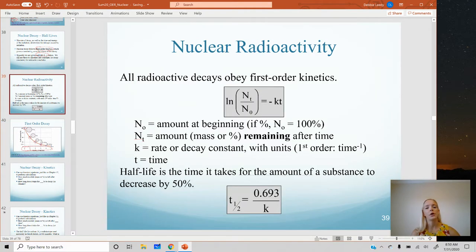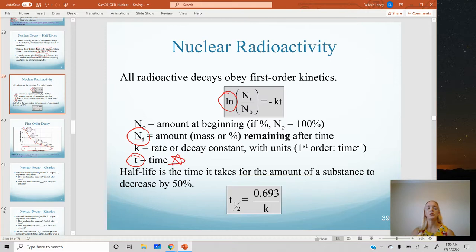So then going back to our equations, since they're all obeying first order kinetics, remember we use the natural log as our function to give a straight line so that we can calculate one of two things. We typically will either want to know how much of an isotope is going to be left after a given amount of time, or how long it's going to take for an isotope to decay down to a certain percentage.